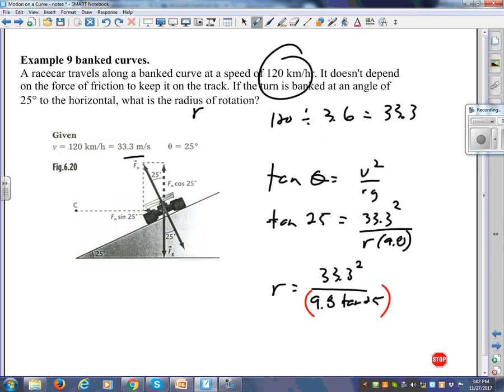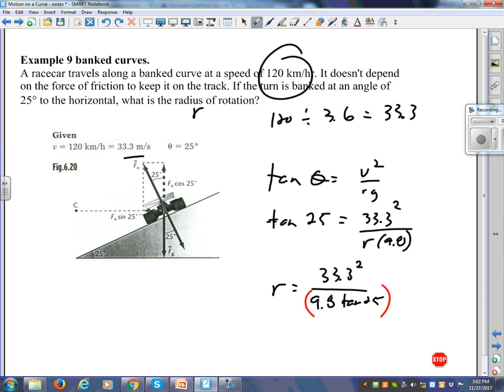On your calculator, let's do it together. You're going to go 33.3 squared. You can go equals now if you want. And then you're going to divide by left bracket, 9.8 times tan 25. Your calculator depends whether it's tan 25 or 25 tan; mine's tan 25.